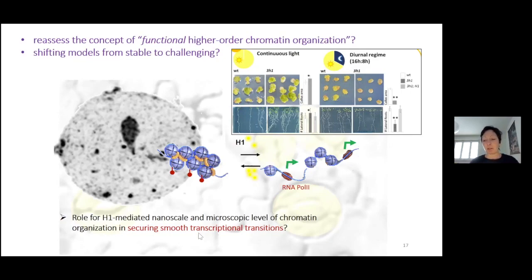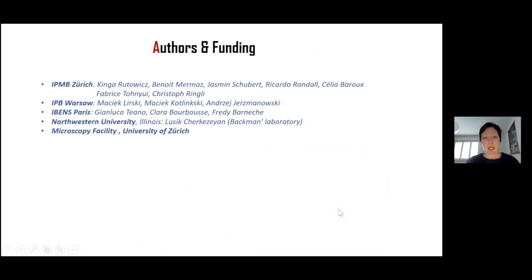So I think that's the next roadmap for the few years: to investigate the role of H1 and the factors interacting with H1, not in basic developmental processes, but rather in processes that secure smooth transcriptional transitions during physiological adaptation, for instance.